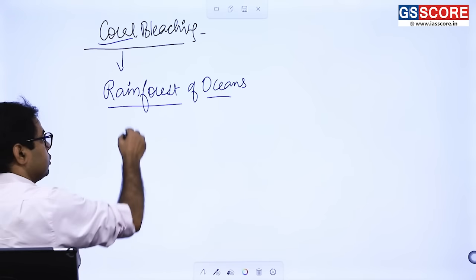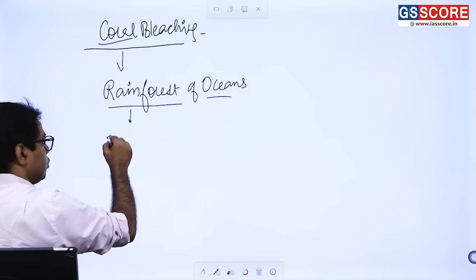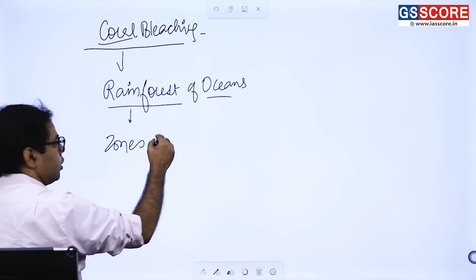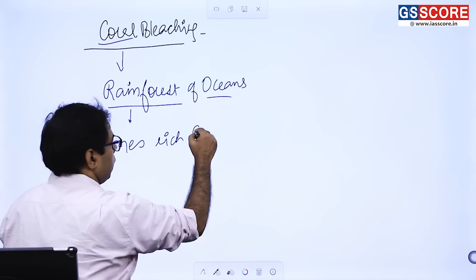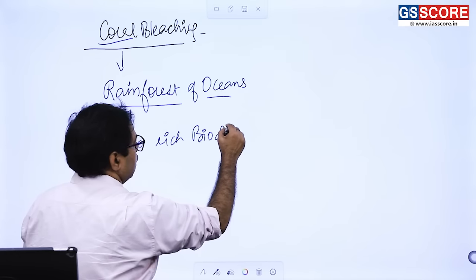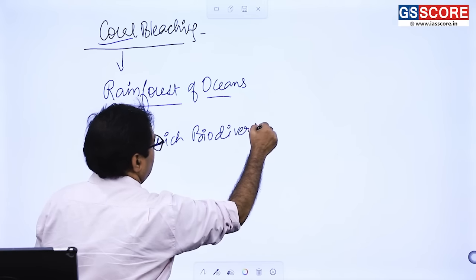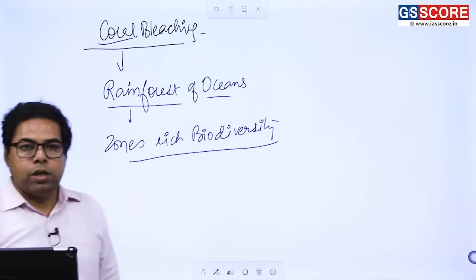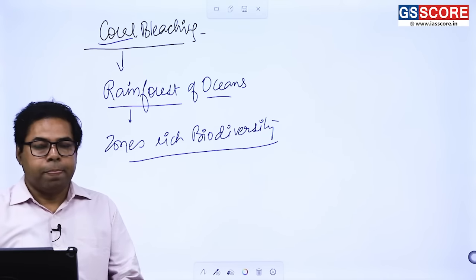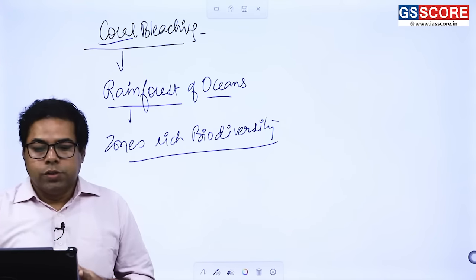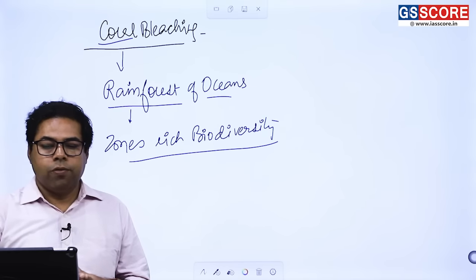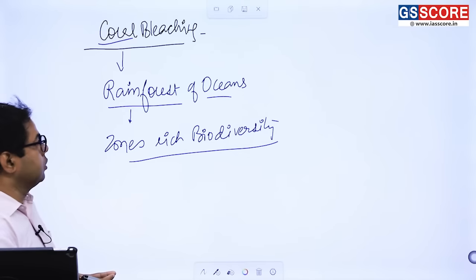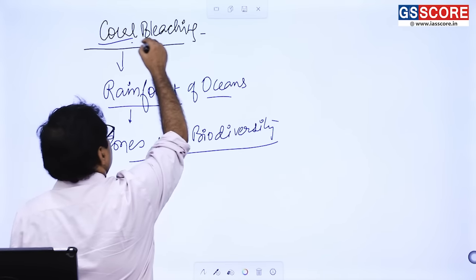Rainforests of the oceans means they are zones of rich biodiversity. So they are called the rainforest of the oceans. If temperature rises, there will be coral bleaching.